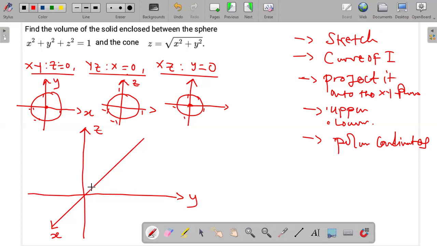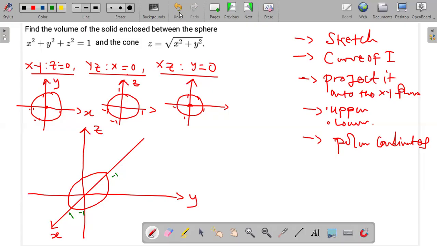I'll start with the one in the XY plane, the one that I can see on the floor. So that one should be this circle that I'm seeing there. Let me draw it a bit better, like that.